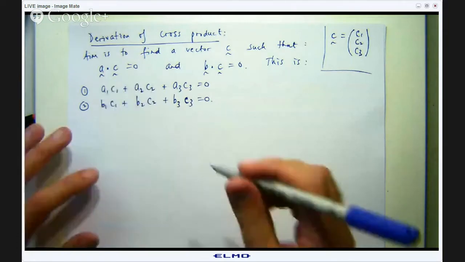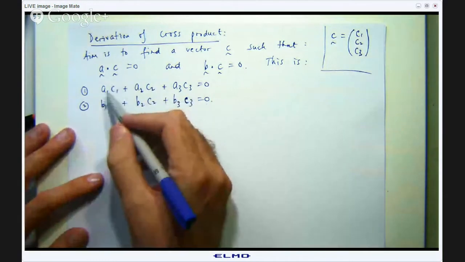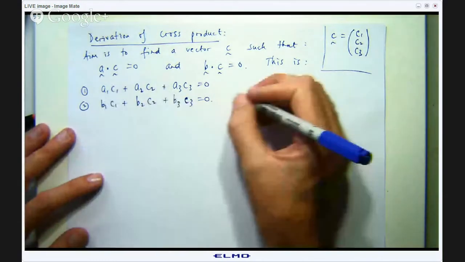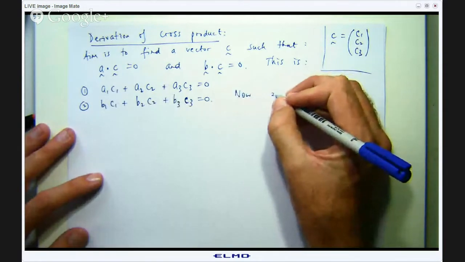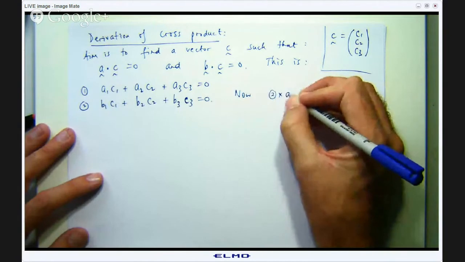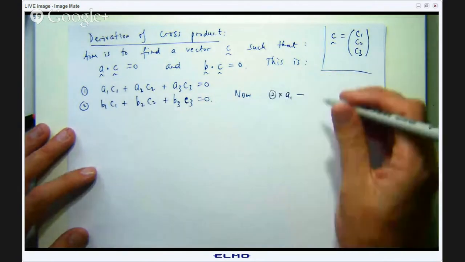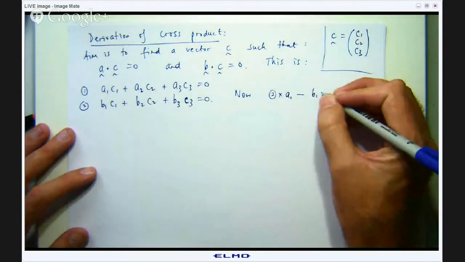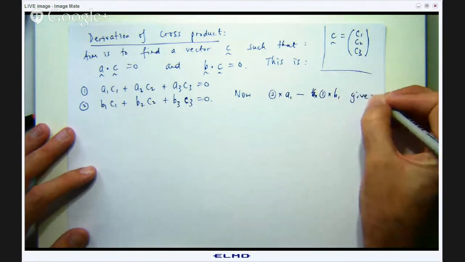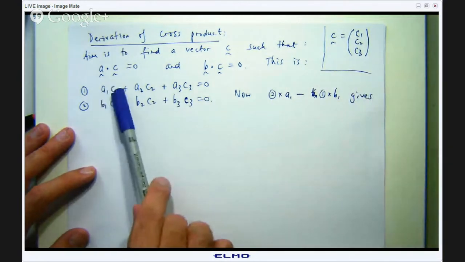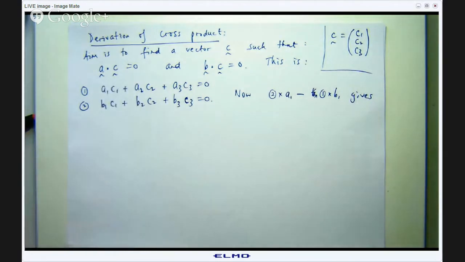So if I multiply the second equation by A1 and the first equation by B1, and then I take the first equation away from the second equation, then I'm going to get an A1, B1, C1 there and an A1, B1, C1 there. When I take one away from the other, they'll disappear.